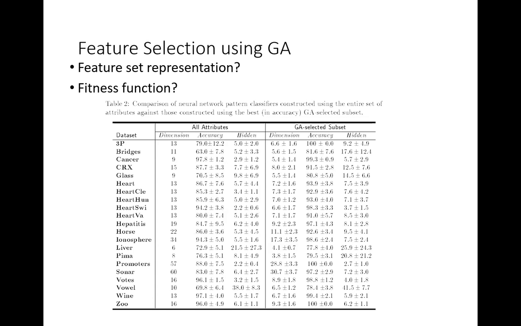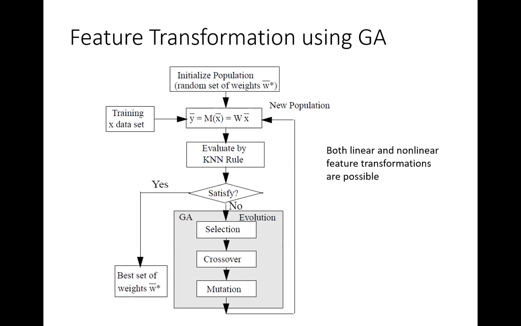They have taken a large number of data sets from that site, and for each and every data set, they have gone through this process of feature selection using genetic algorithms, and then they have built the classifiers, and then they are showing that, okay, through this approach, this is the result we get, and through the other approaches or whatever is out in the literature, those are the results. And one can compare and see that this approach does give you good performance. All right. So that's another way of doing feature selection or dimensionality reduction.